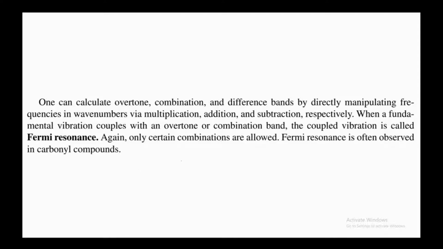So one can calculate overtone, combination, and difference bands by directly manipulating frequencies in wave numbers via multiplication, addition, and subtraction. So if you multiply, you will get overtones. If you add, you will get combination, and if you subtract, you will get difference bands.